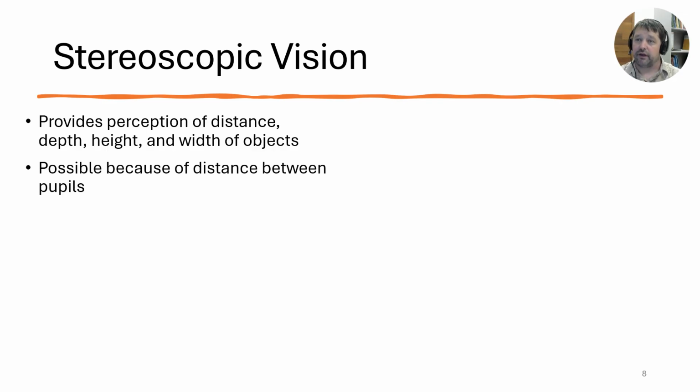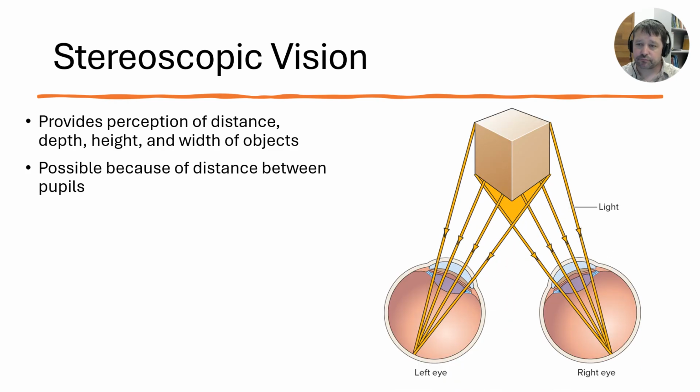Our eyes are really geared for the ability to focus on a single object and know how far away that object is. And that probably had to do with the hunter-gatherer capabilities of primates. So the right eye and the left eye can focus on a single object, send that information back, and then our brain generates a single object, single view, which allows us to judge lots of things.